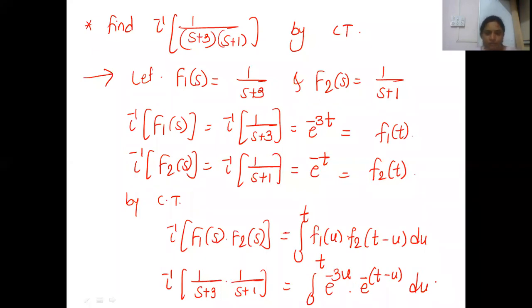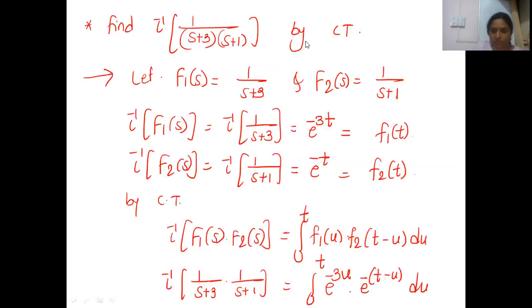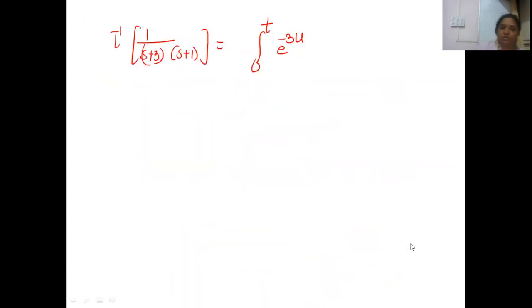Got it? So yes, this is equal to e, the base, so addition of indices will happen. So it is equal to Laplace inverse of 1 upon (s plus 3)(s plus 1), which is the integration from 0 to t of e raised to minus 3u, into e raised to minus (t minus u), so minus t plus u, du.